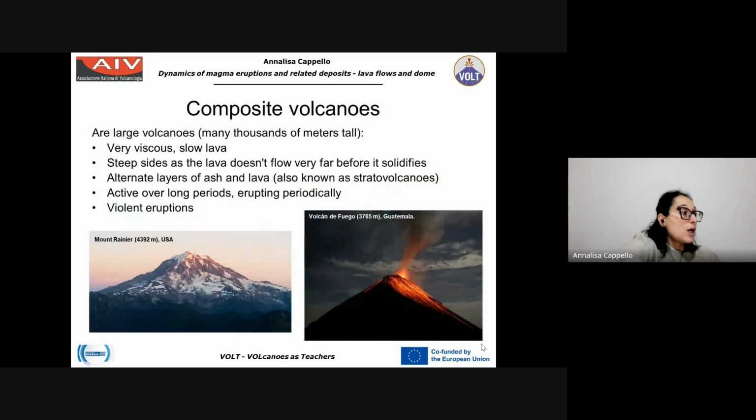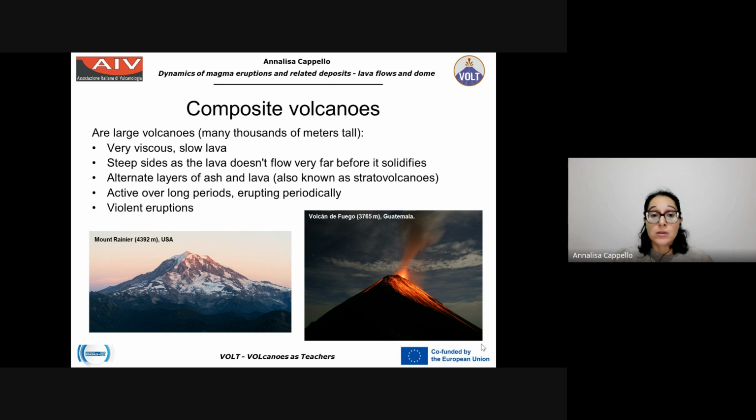And composite volcanoes are large volcanoes which can be many thousands of meters tall. They are large, steep-sided and cone-shaped volcanoes. They are formed by very viscous and slow lavas, and for this reason the lava doesn't flow very far before solidifying.